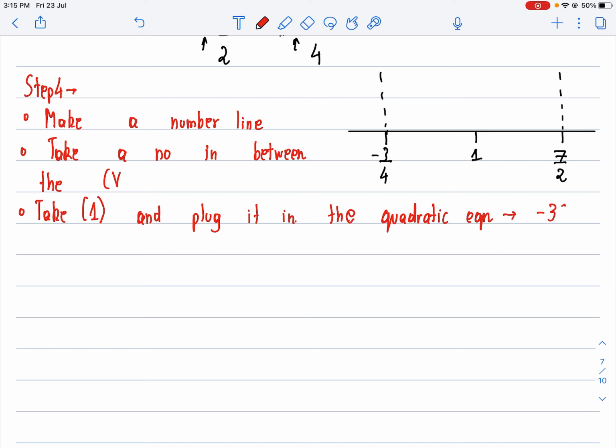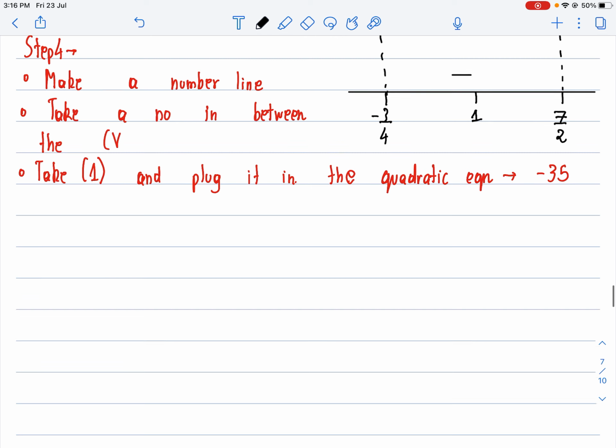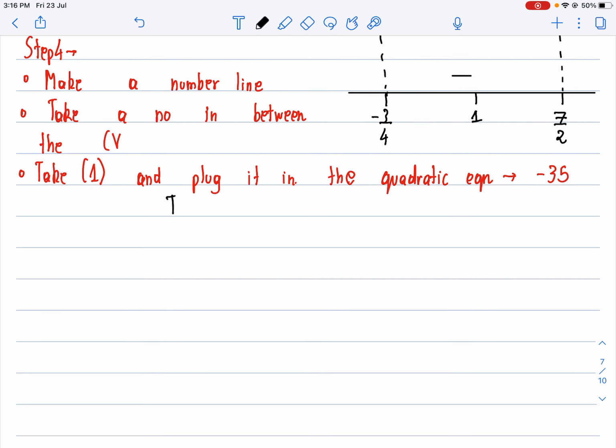But here, you are more concerned about the sign. When you took a value between minus 3 over 4 and 7 over 2, which were the critical values, you get a negative answer. Correct? Now, a very important rule to know is that the sign after every critical value changes.